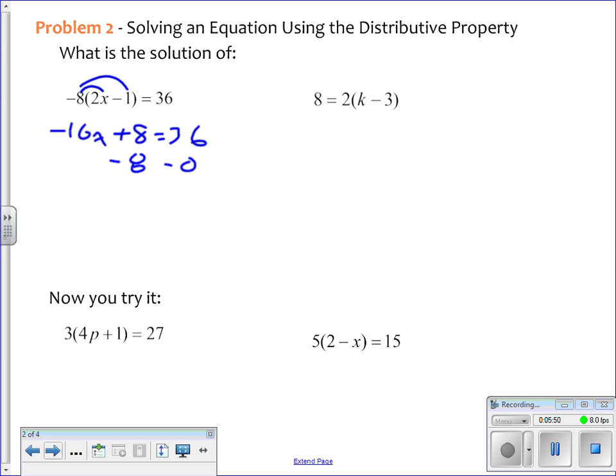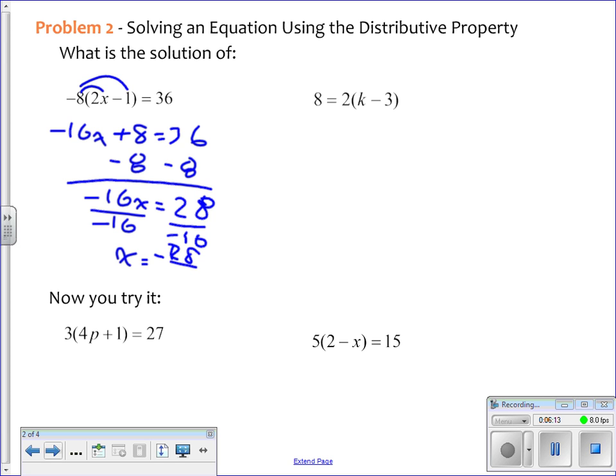Subtract 8. Negative 16x equals 36 minus 8, which is 28. Divide both sides by negative 16. x equals negative 28 over 16, which are both divisible by 2, and then both divisible by 4, equals negative 7/4.